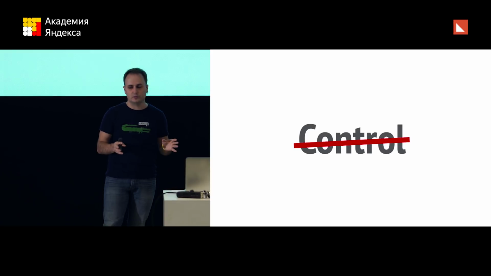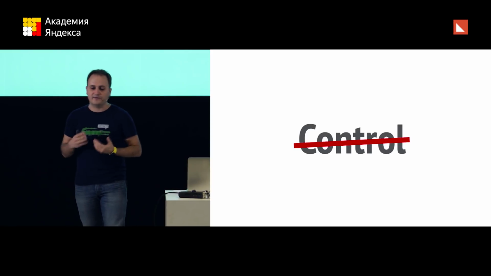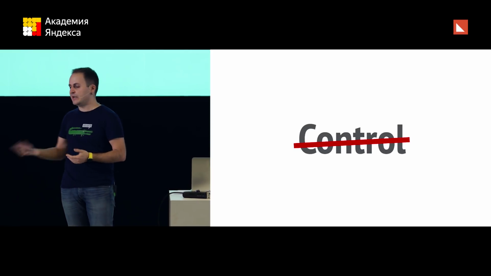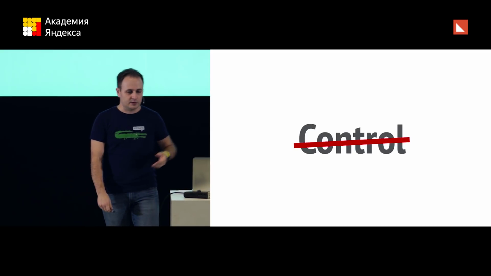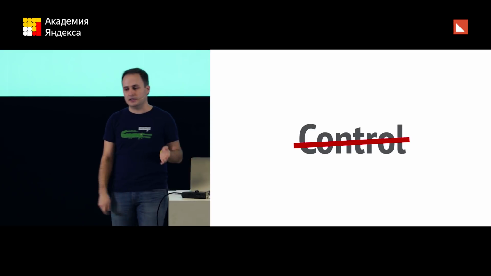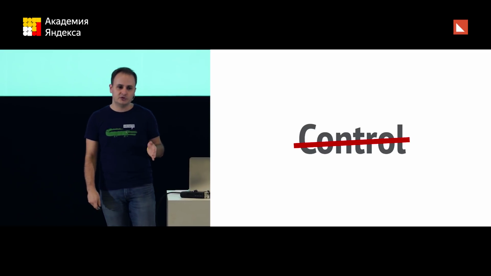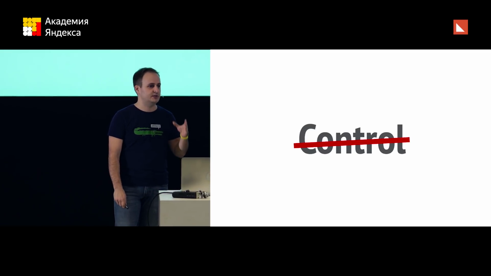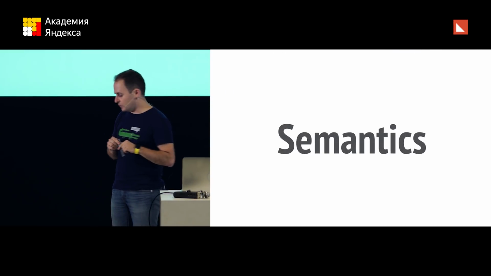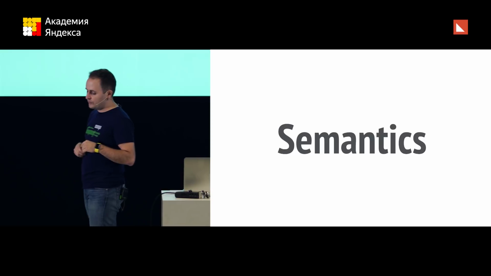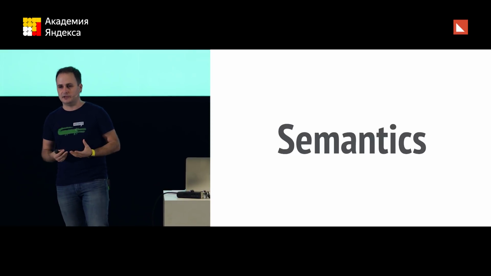Please remember this, and please convey this message to your managers, people you develop sites for and everything. Please do not try to control everything on the web. It's just a different kind of platform. And while we're trying to control everything, we're trying to recreate everything.